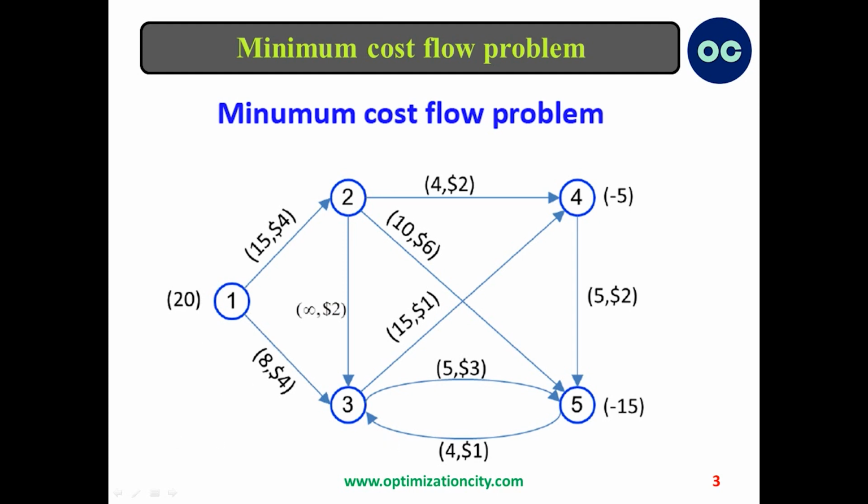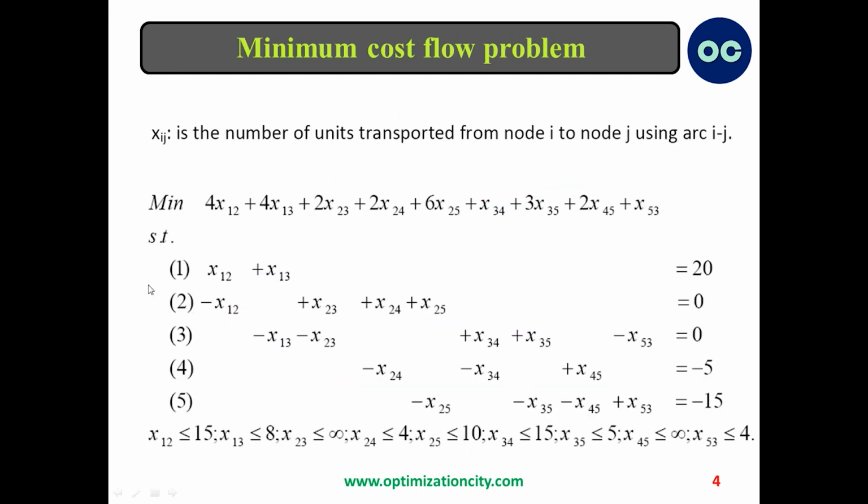This ensures that the outgoing flow on arc 1,2 and arc 1,3 matches the available supply, which is equal to 20. So this is equation number 1.